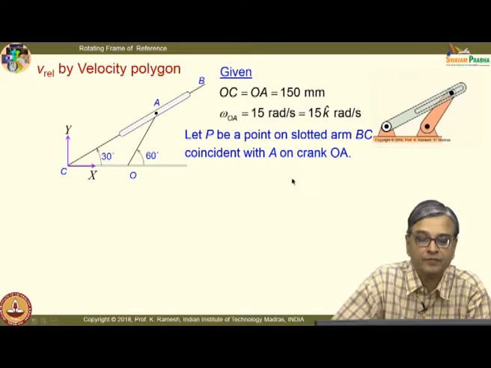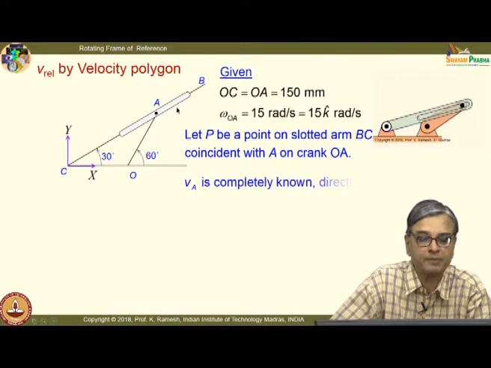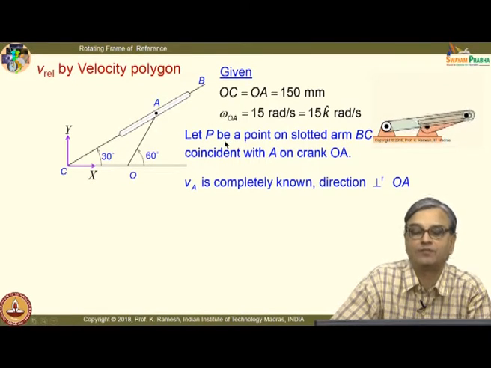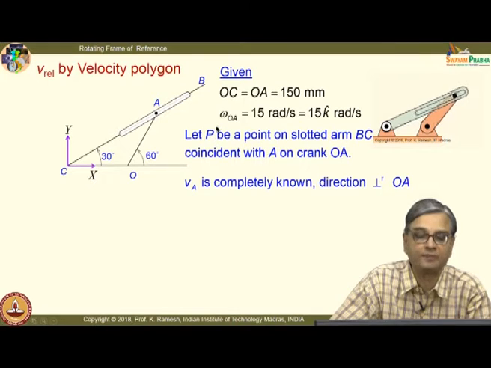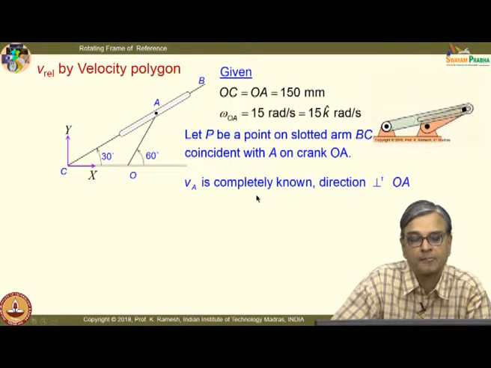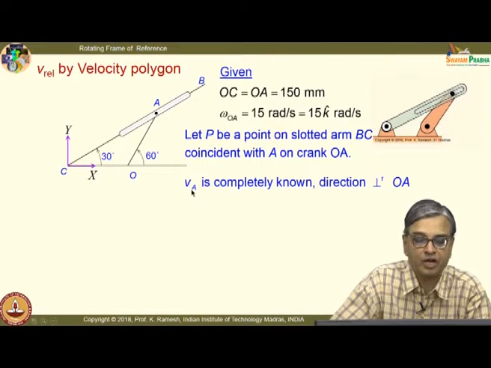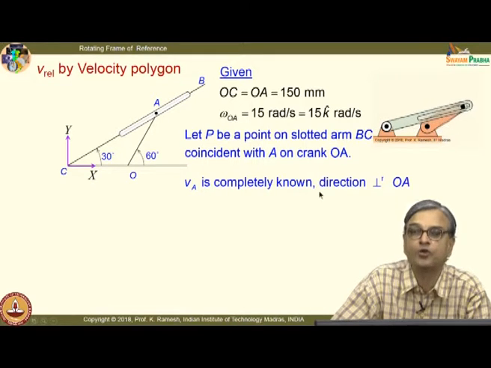Whenever I have a slotted member, it is always better to visualize a coincident point. We have always been labeling the coincident point as P. So, the point P is coincident with point A. And from the given problem statement, the velocity of A is completely known.